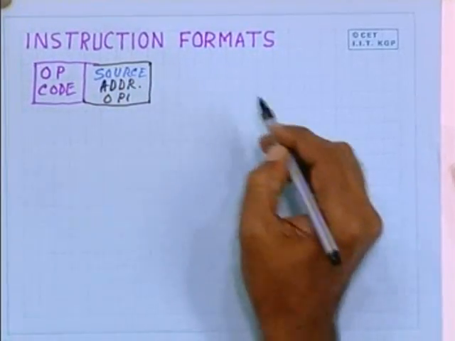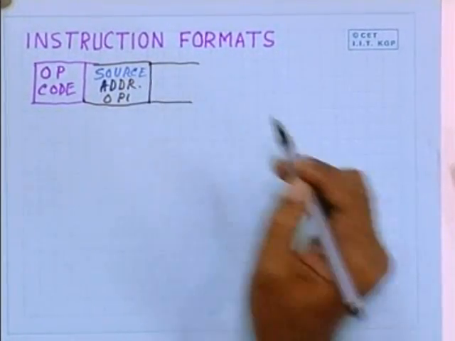Suppose you are performing addition of two numbers. You have to provide the source address of operand 1, the source address of operand 2. You have to provide where the result will be stored, and finally, where the next instruction will be taken from for execution.